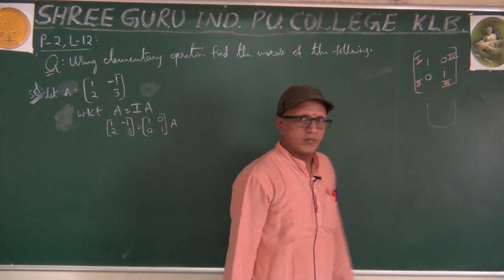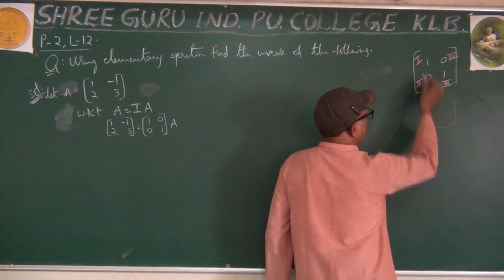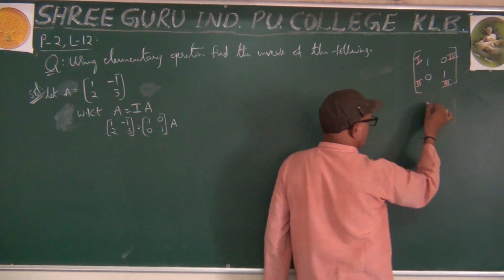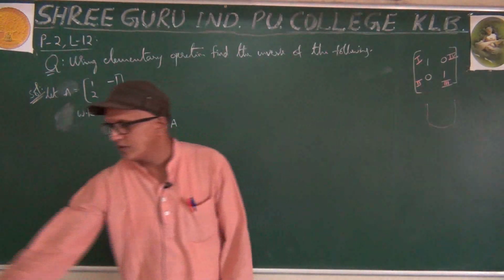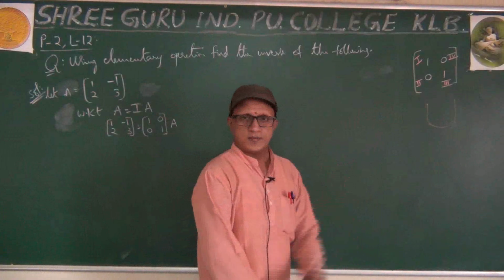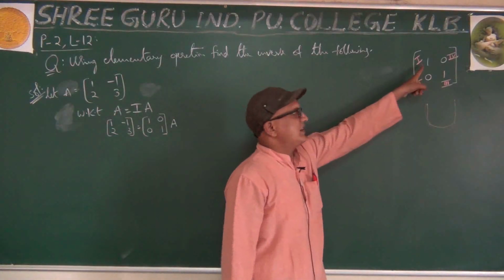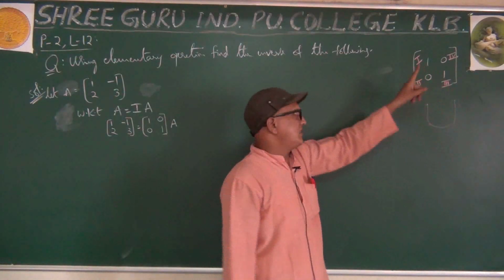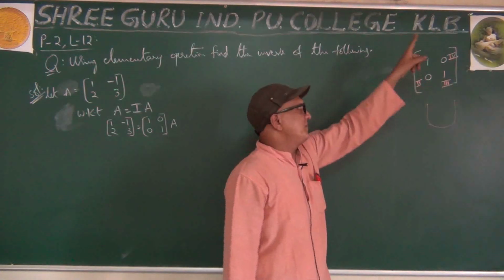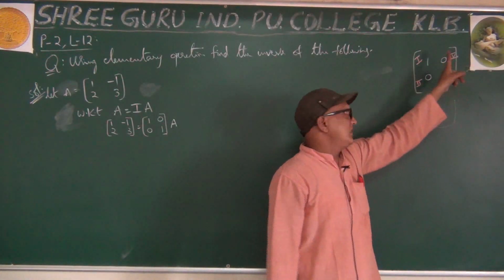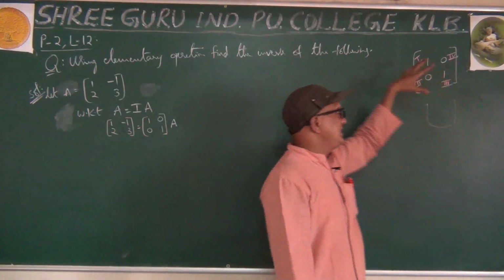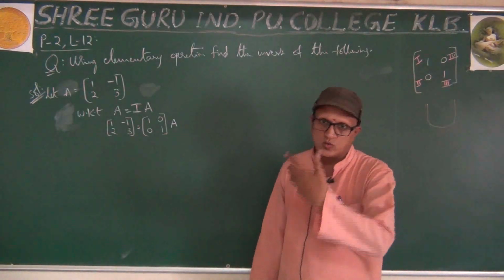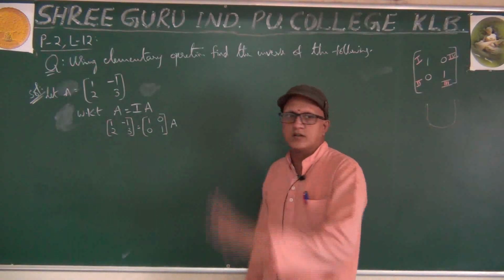Row operation means we have to bring the numbers 1, 0, 0, 1 in this way. First concentration for this one, next for this 0, next for this one, next for that 0. To get these numbers, which operations we have to do is the method.